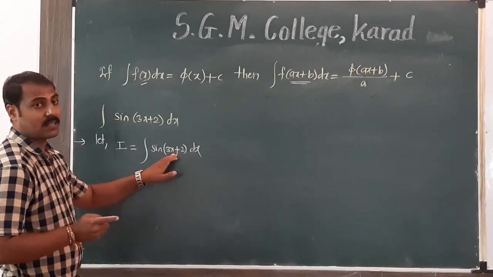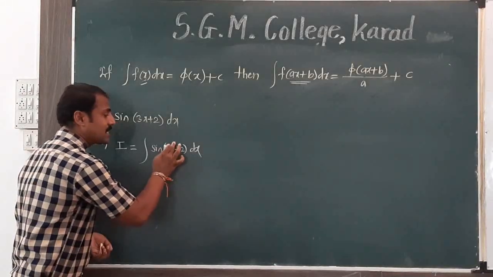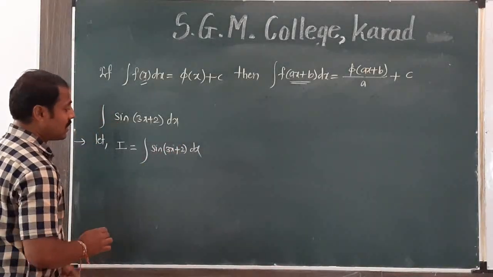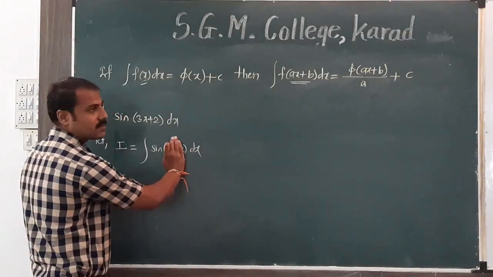Remember, here the degree of x is 1, so it is a linear equation. Now consider 3x plus 2 as x.